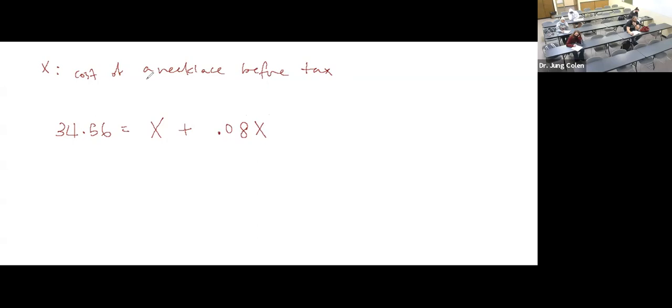Are we good? Okay. So 1x plus 0.08x is what? 1 plus 0.08, 1.08x is 34.56. How do we find x? Again, divide both sides by 1.08.